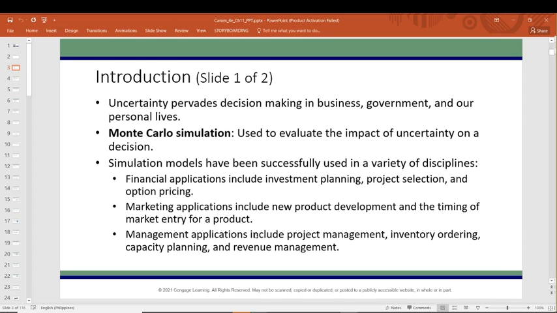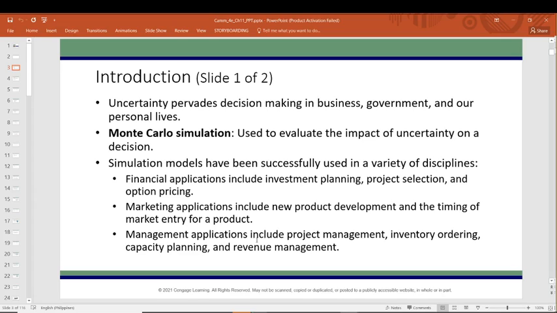However, marketing applications include new product development and the timing of market entry for a product. Another discipline that uses the simulation model is management applications, which include project management, inventory ordering, capacity planning, and revenue management.